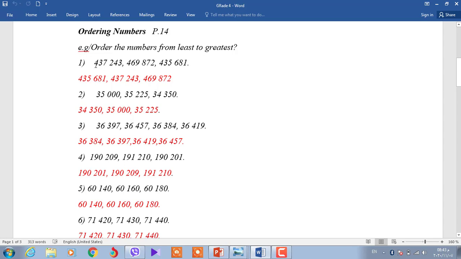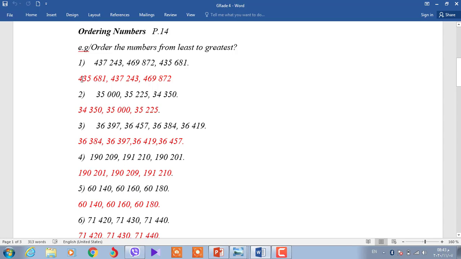After that, write down from least to greatest. We have 4 in 100,000. 3, 6, 3. So 6 is greater. Now between 3, 7 in 1,000 and 5 in 1,000. Because 5 is less, this number is the least number.